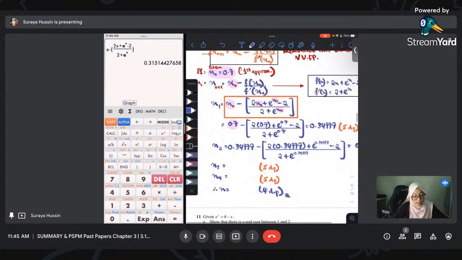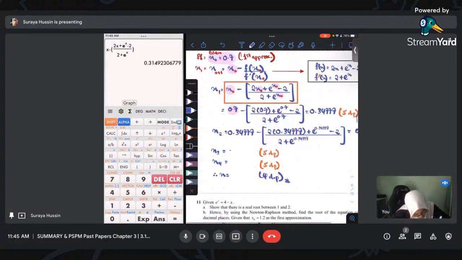Okay, untuk yang seterusnya, tekan lagi calculate, tekan answer, tekan equal. So you will get 0.31514, then 0.3492. Okay. So this is cantik lah.